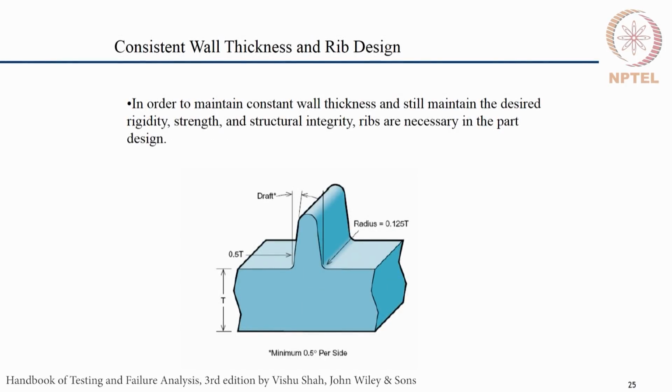Ribs are to be designed properly so that one can avoid failures at these corners. So, one of the important feature dimensions is this corner radius.